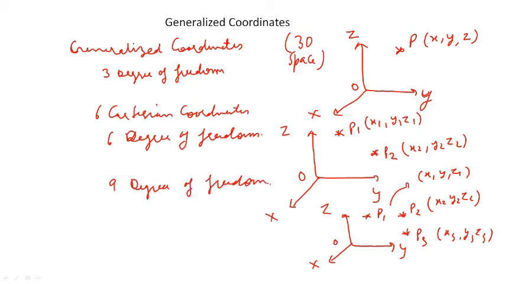Now you see that here, as the number of particles is increasing, the number of Cartesian coordinates required to specify the position of the dynamical system is also increasing. Now suppose there are 4 particles which are freely moving in the three-dimensional space, x, y, and z.